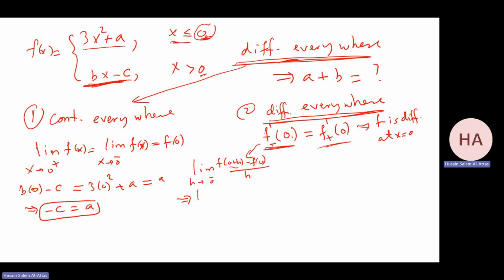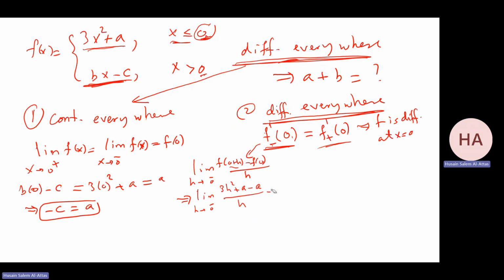Substitute. You get the limit as h goes to 0 from left of what? I'm here substituting here. That will be 3h squared plus a, minus f of 0, which is a, over h.